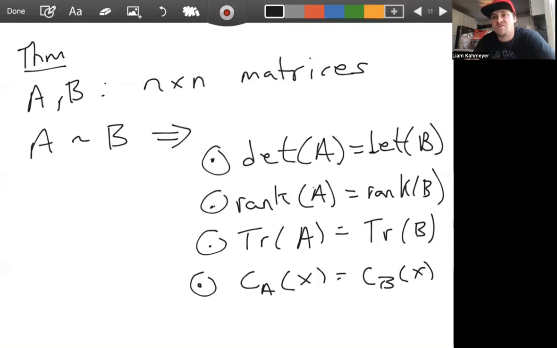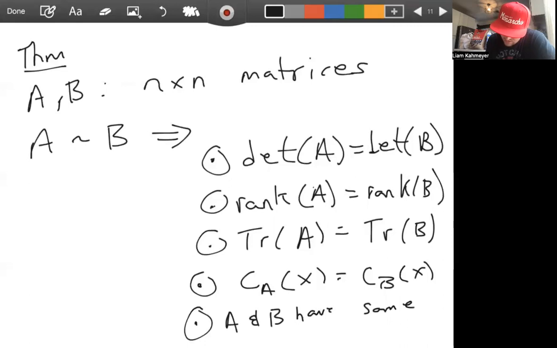The entries of similar matrices can be arbitrarily different. But we do in fact have that the coordinate vectors with respect to some fixed basis are indeed the same. And then we also have, and I think we know this already, that A and B have the same eigenvalues.